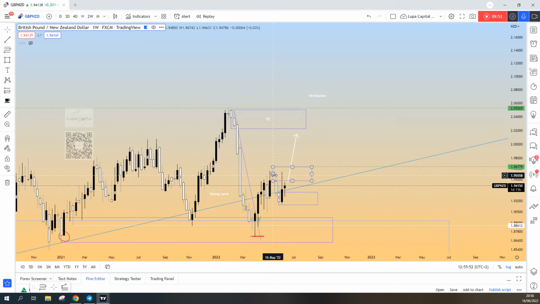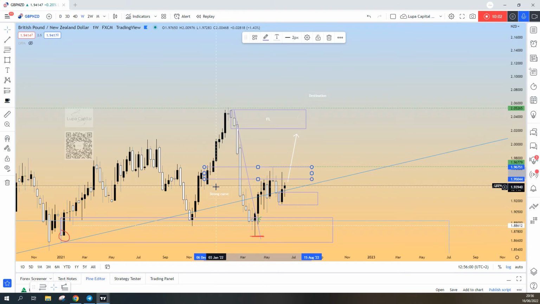Market here has also tested this previous candle, which fits very closely to the low close of that bearish week. This aligns nicely, although in reality, you're kind of looking for a 50% of this bearish candle, and that does align quite nicely as well.